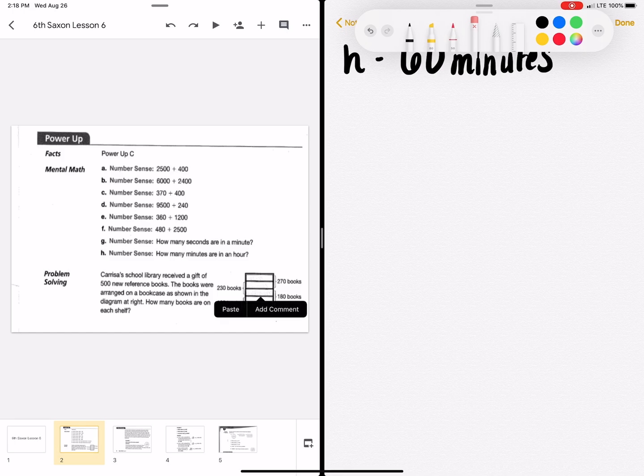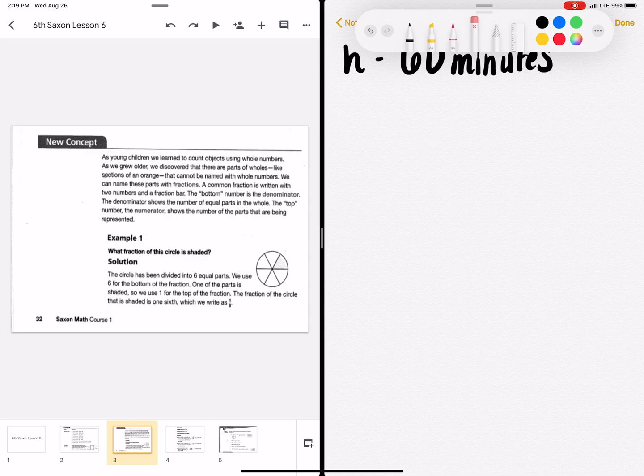There are 1, 2, 3, 4, 5 shelves. From top to bottom, there are 140 books, 130 books, 100 books, 80 books, and 50 books. Don't worry about that one too much. I think that's a little confusing. I wish I would have skipped it.